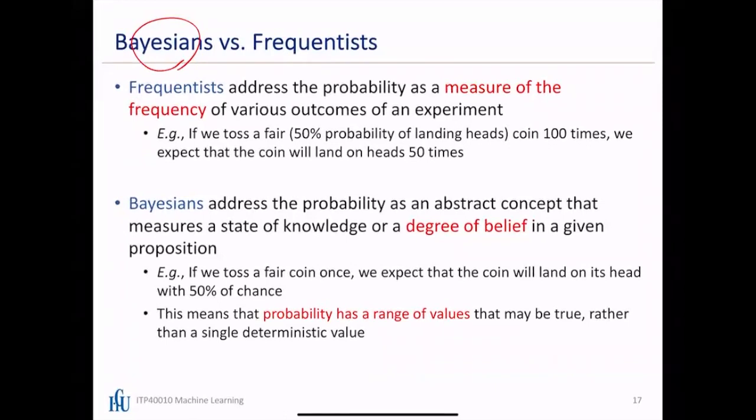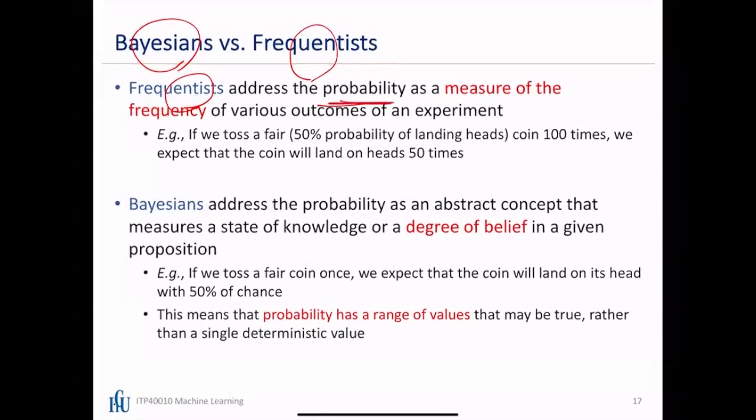And somewhere around 1900, there was a big emergence among the frequentist statisticians. Frequentists treat probability as a measure of frequency.